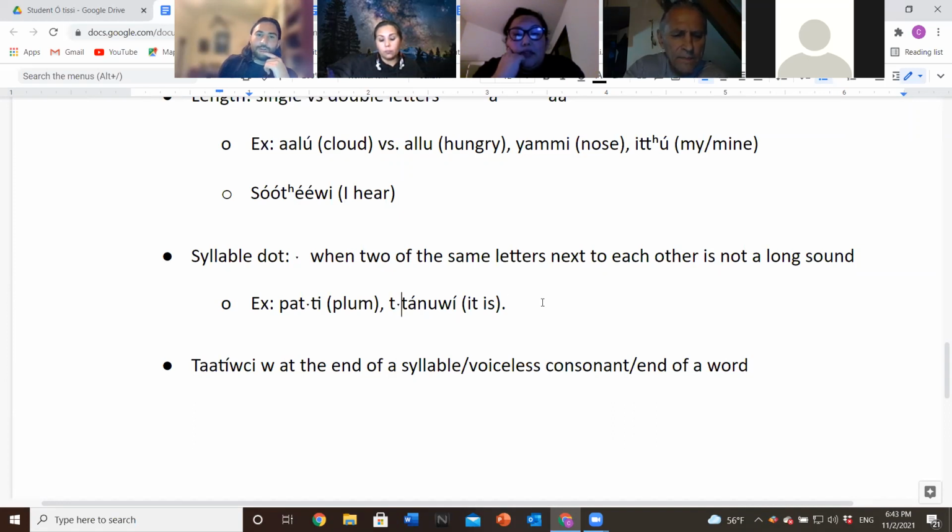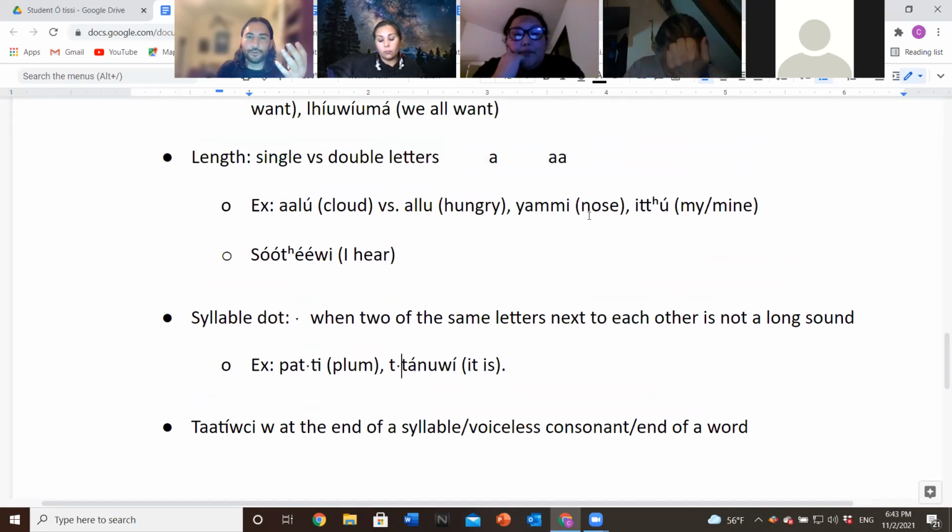So the dot used to be used instead of a long letter. It used to look like that, but then we figured it's easier to do this.